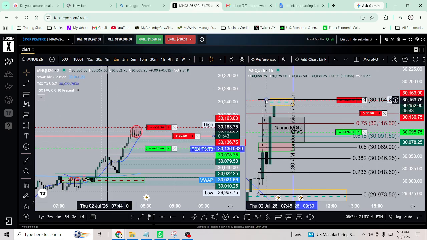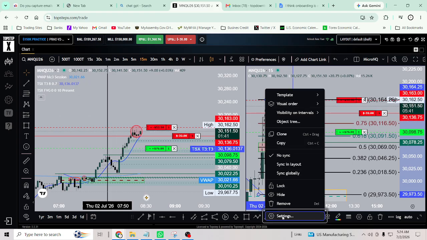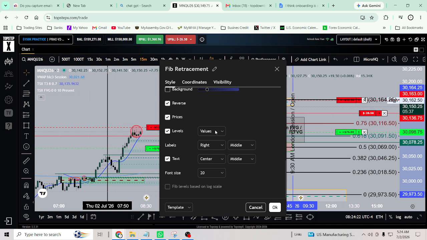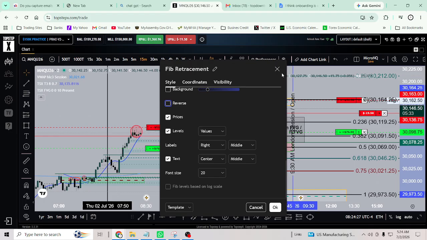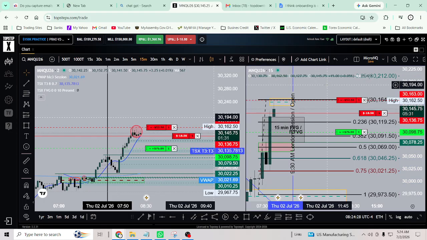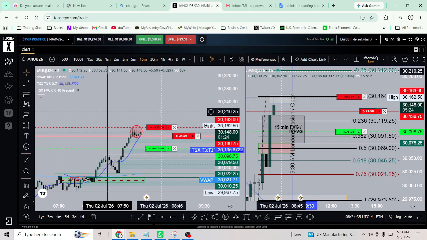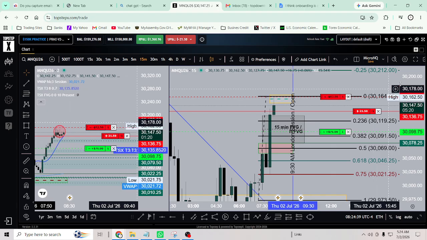I'm going to rotate this Fibonacci tool. Like that. And this is a different strategy that I'm using right now.